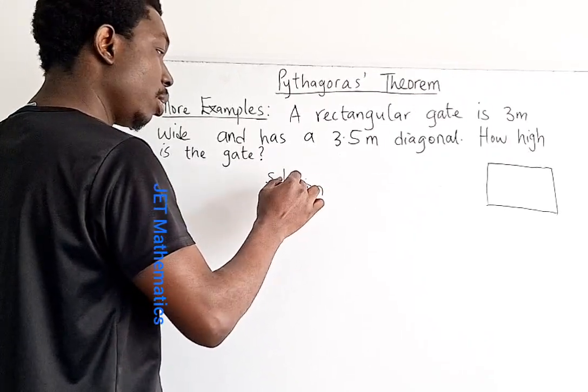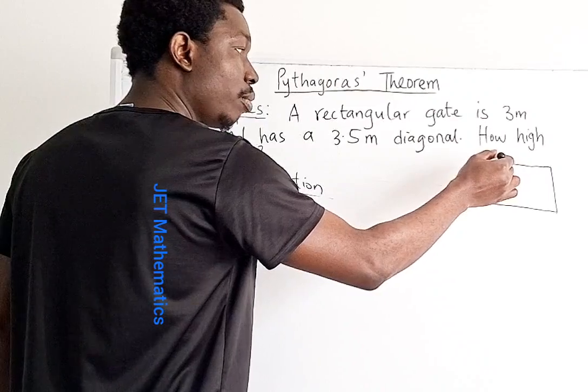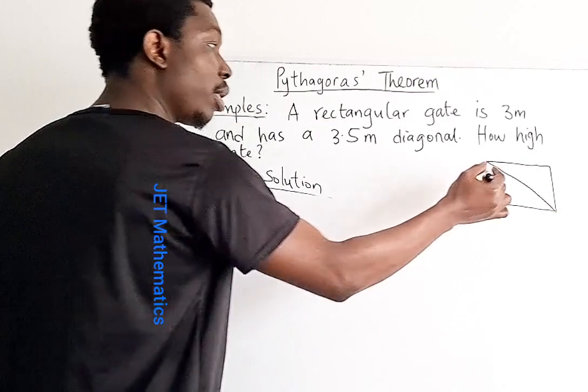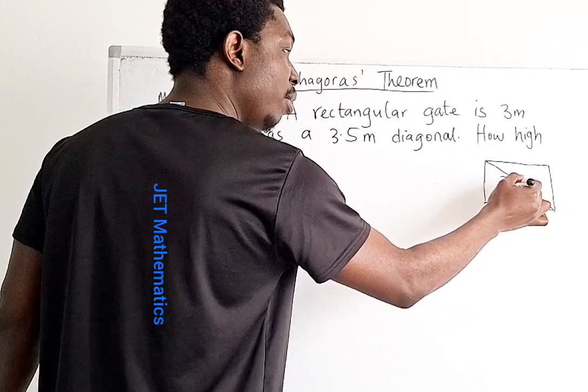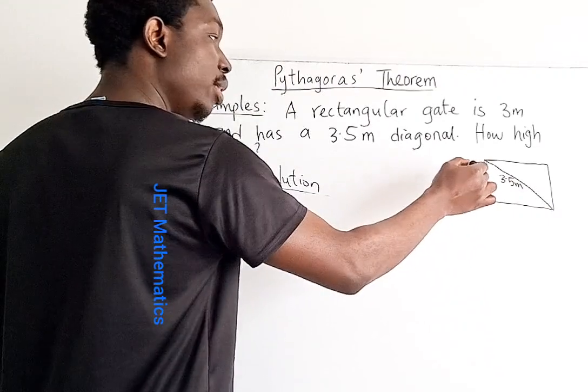And then we can say this is the diagonal of the gate. So the diagonal is 3.5 meter, and we are asked to get the height.